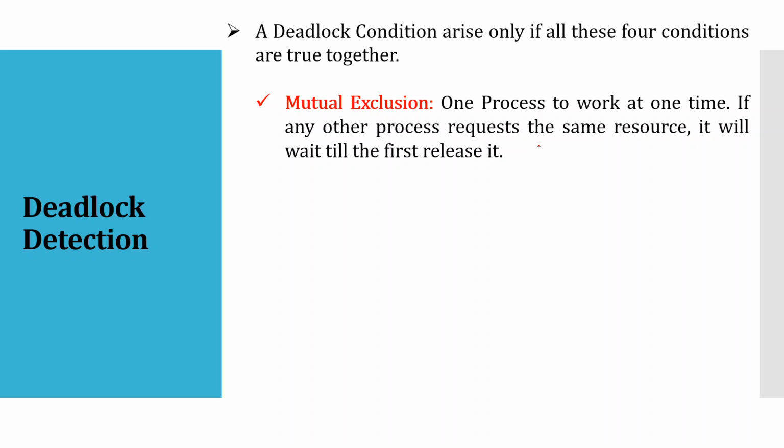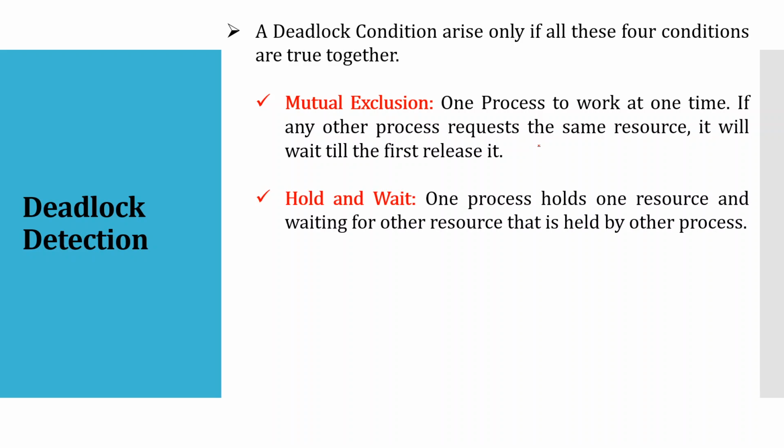At one time, only one transaction will work on it. If another transaction wants the same resource, it will wait for the transaction already working on that resource to release it. So that is what mutual exclusion is.